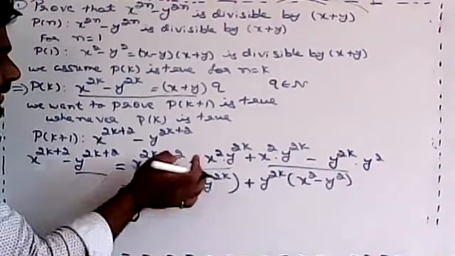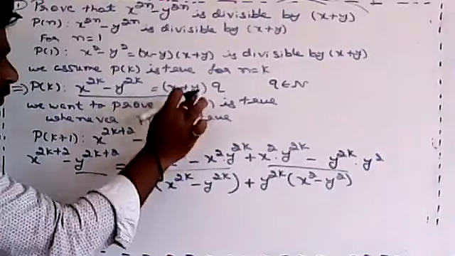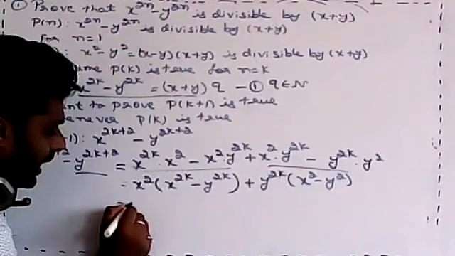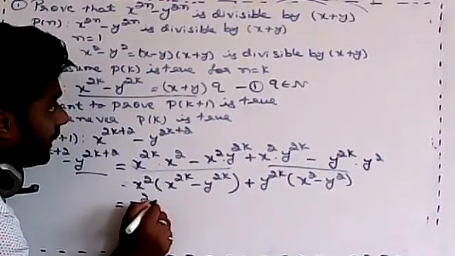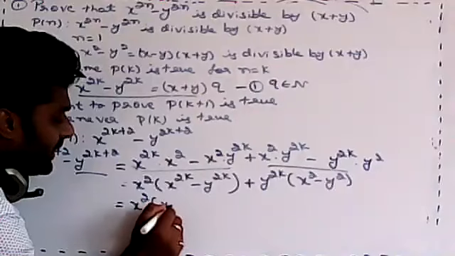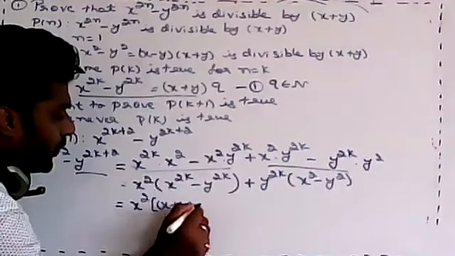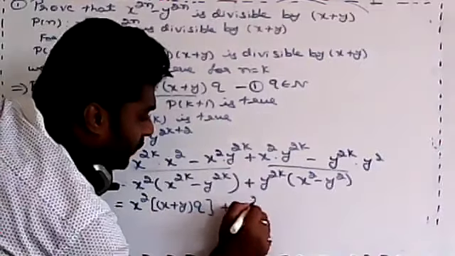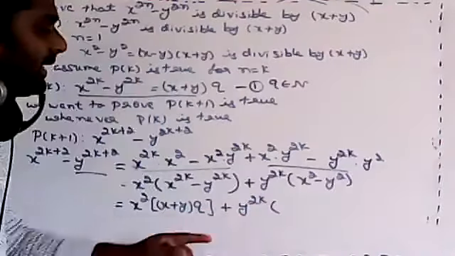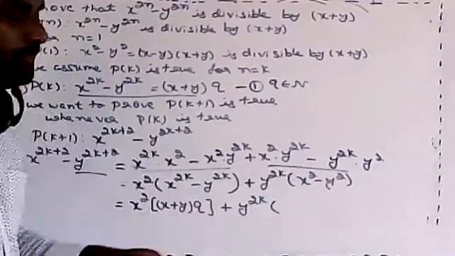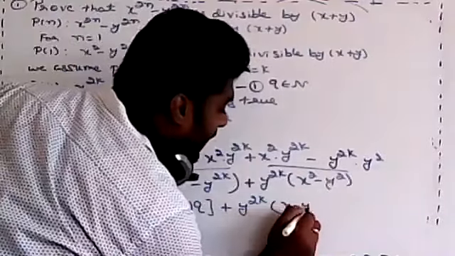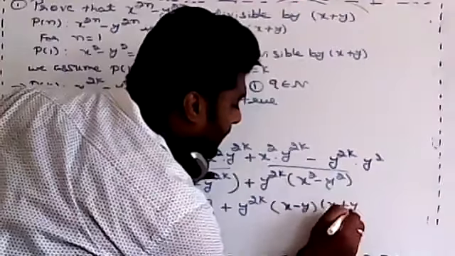In this place, we are substituting x plus y into q, no? So if you want, you can take this as equation 1. From equation 1, I'm going to write here x square into x plus y into q. Correct? Plus, in this y to the power of 2k, I'm writing again x square minus y square, which we can write as x minus y into x plus y. Correct?